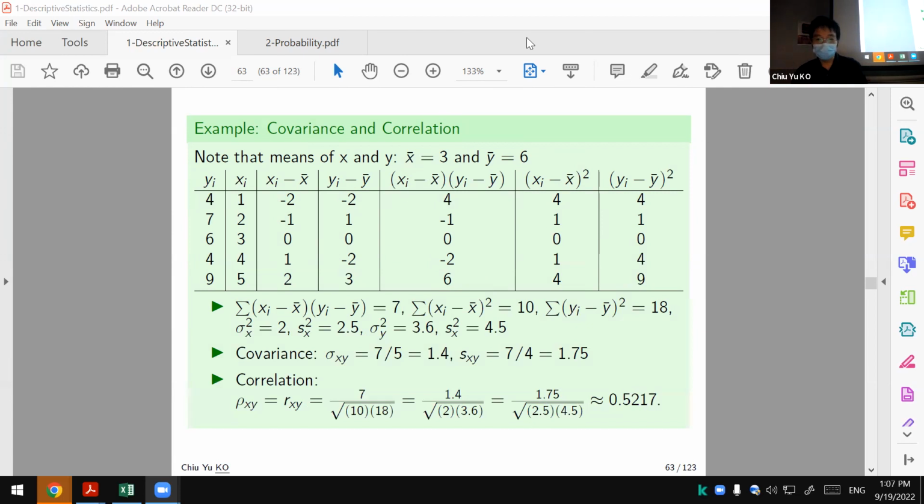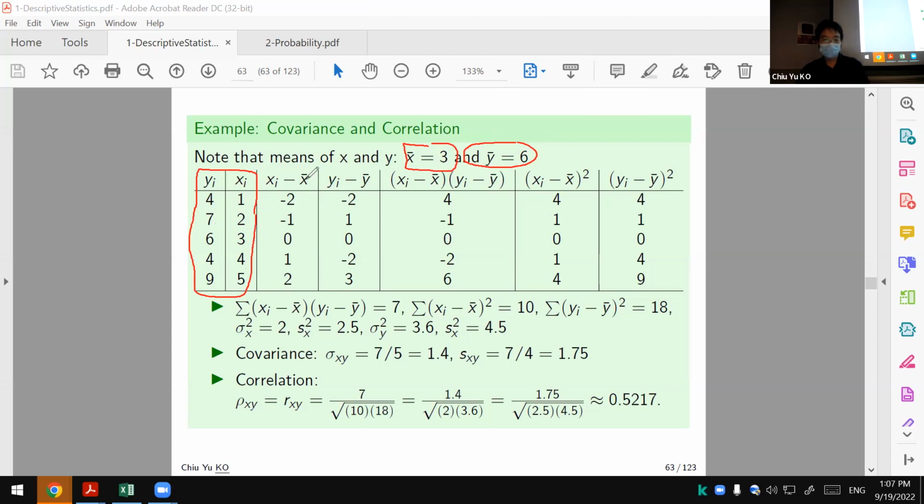So the data we have is here, x and y like this. You can easily check that the mean is 3 for x, and the mean for y is 6. Just to remind you, 3 is 1 plus 2 plus 3 plus 4 plus 5 divided by 5. And 6 is 4 plus 7 plus 6 plus 4 plus 9 divided by 5.